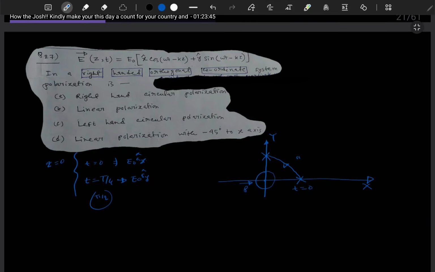So it is rotating to the left side, so it is right-handed circular polarization because the magnitudes are same. So right-handed circular polarization, like that it is.